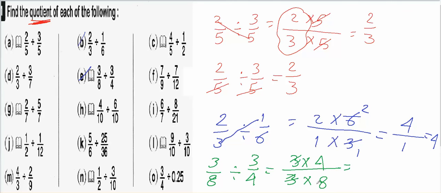We have 4 over 8. 4 over 8 is a half, or we can divide by 4 up and down. 4 over 8 equals a half, like 3 over 6 is a half, 1 over 2, 2 over 4, 5 over 10, a half. 4 divided by 4, 8 divided by 4: 4 divided by 4 is 1, 8 divided by 4 equals 2.